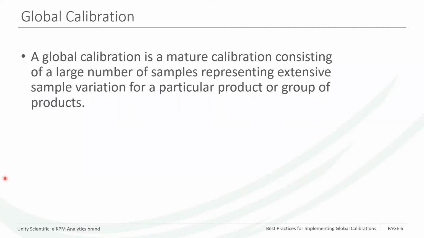It's understood to be towards the end of, completing its development. And it's a very complete and robust calibration. And large number of samples and extensive variation really goes together. And this is just a feature of global calibrations, and we'll address that in the next couple of slides. But this is a working definition that I have for a global calibration.